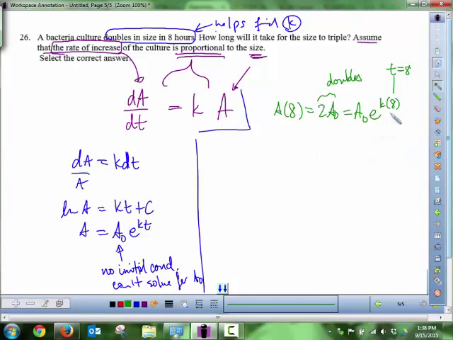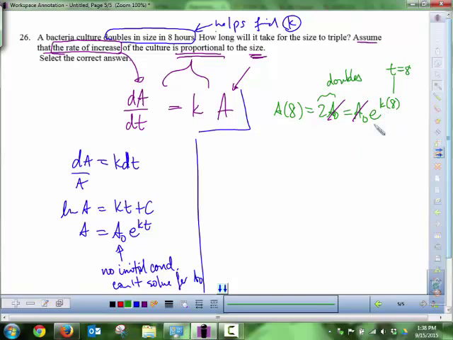If you see this work out, the A naughts are actually not very important in this case. If we're just talking about having this thing double or triple or anything, it's independent of the size of the original bacteria.